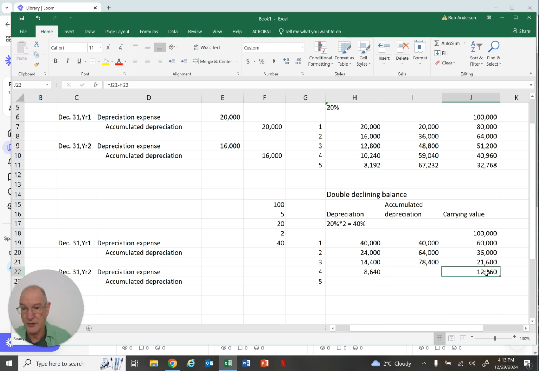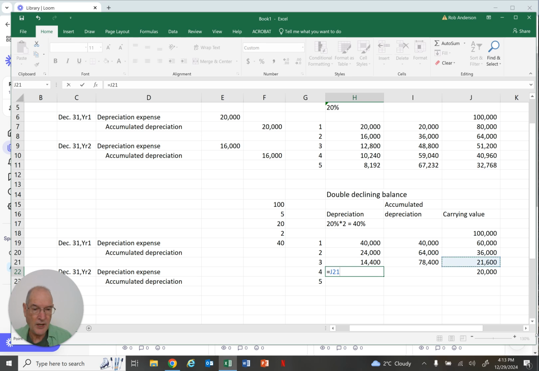So what I'm going to do is do this backwards. I'm going to take 20,000 as the lowest I can go, and then I'm going to take last year's carrying value minus 20, and that's $1,600 depreciation in year 4.